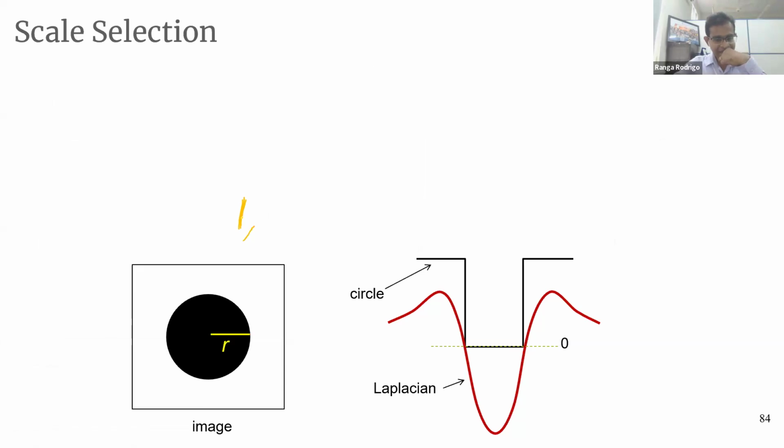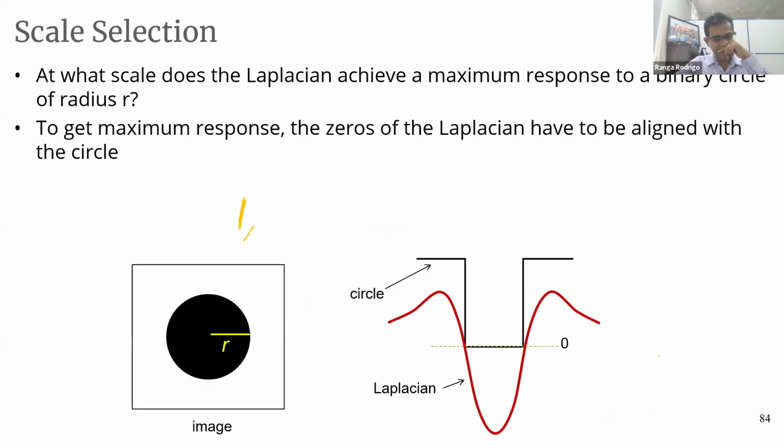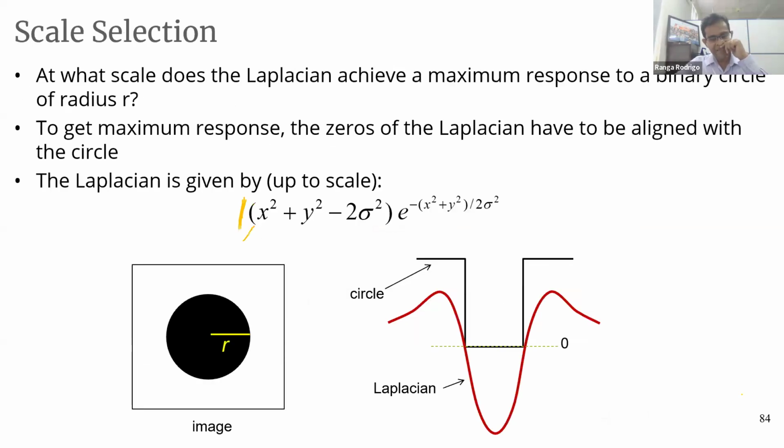What you are implementing is this one, and setting it equal to 0 to find the zero crossing, the radius. So because of this thing. Let's get started then, how to just do that.